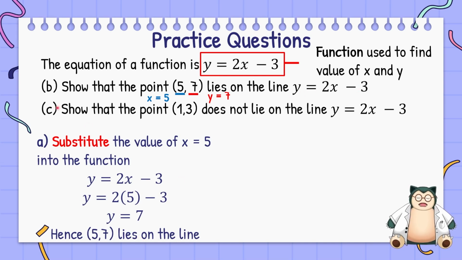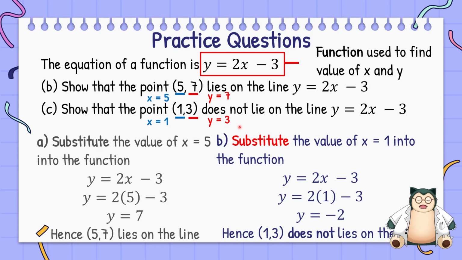Okay, so now let's look at part C. Part C asks you to show that the point (1, 3) does not lie on the line. How do we do it? Similar steps. First, extract the information: the point (1, 3) tells us that the value of x is 1 and the value of y is 3. Similarly, use substitution.